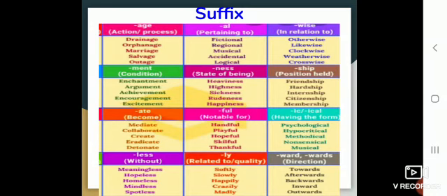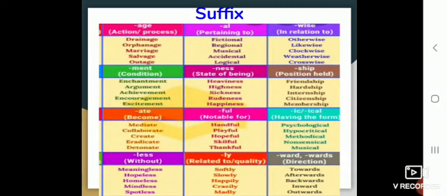Here we can also have more suffixes like wise, ment, ness, ship, ate, ful, ice, icle, less, ly, etc. So children, we can use the suffixes and prefixes as per our requirements, depending on which word is required, with the root word.